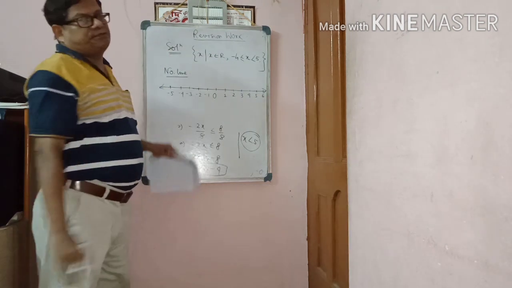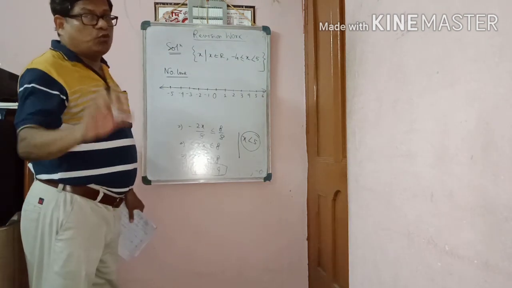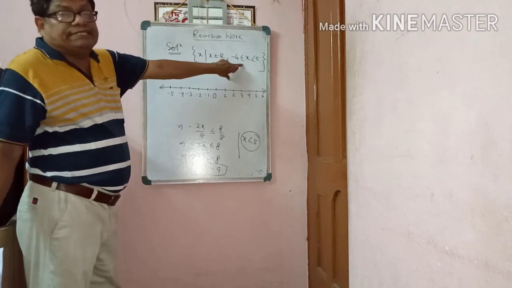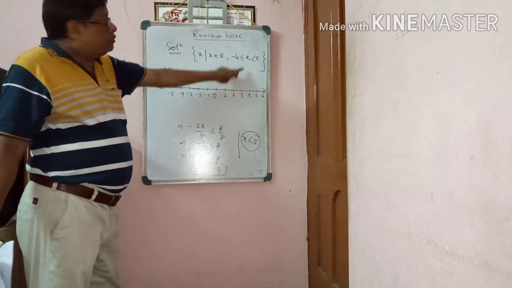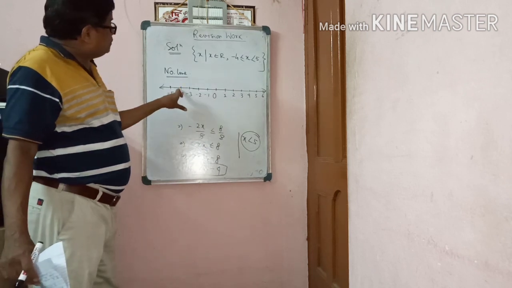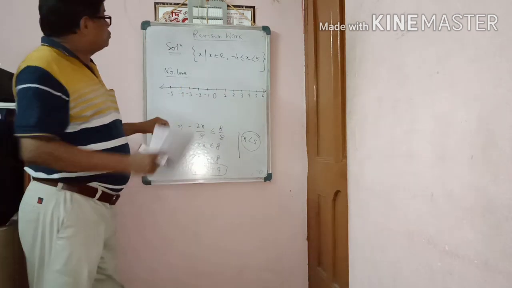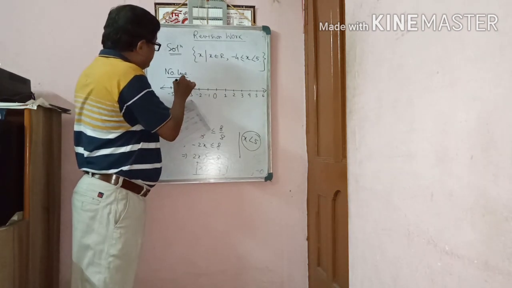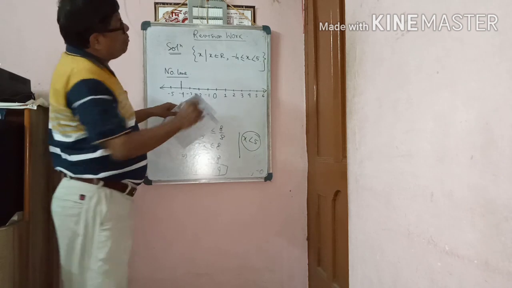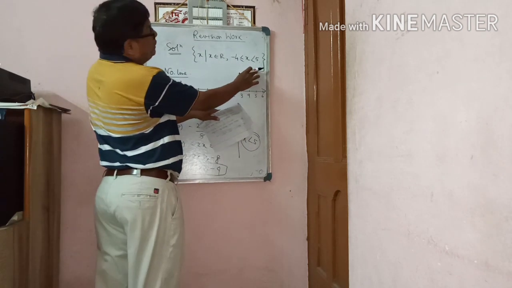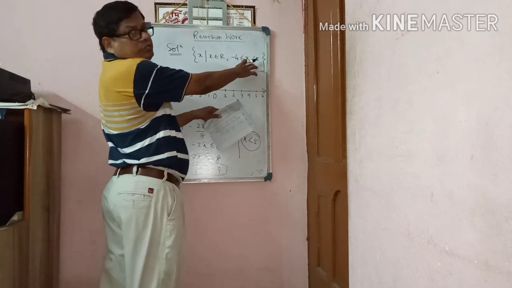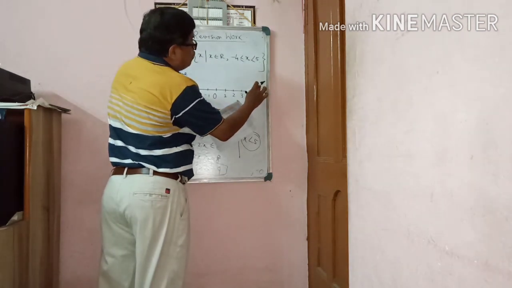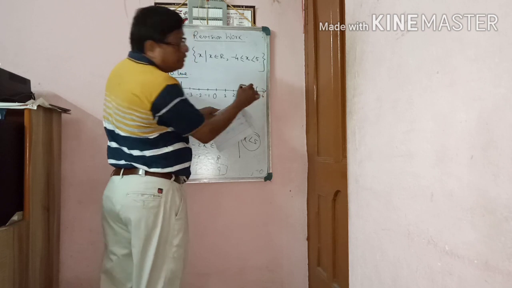Now look here, minus 4 has an equal sign, so from 0 on the negative side mark minus 4 and draw one straight line. Again 5 is positive and there is no equal sign, so draw one curve like that, because we are not taking this value.